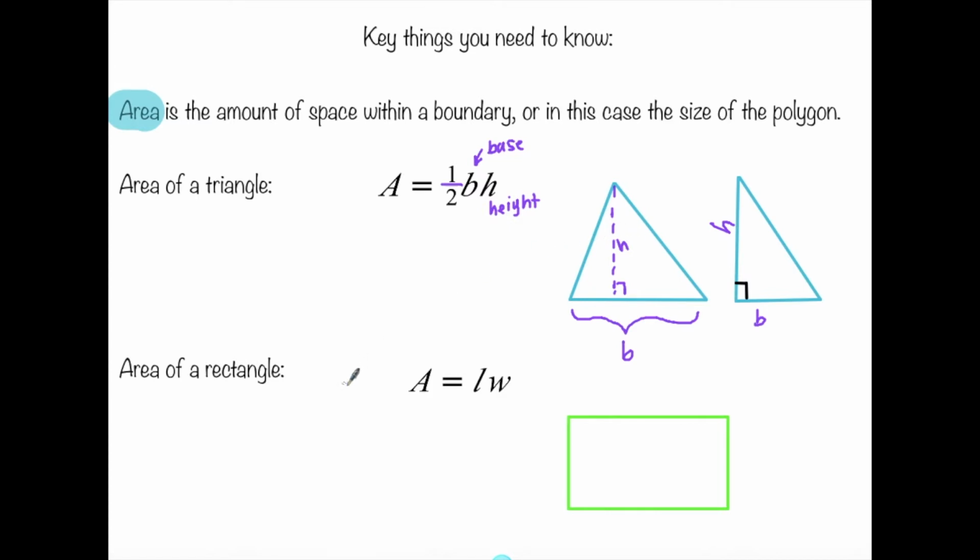The area of a rectangle is L times W, which stands for length times width. And so to find the area of any rectangle, we would just take this length, whatever that distance is, multiply it by the width, and we would get our area.